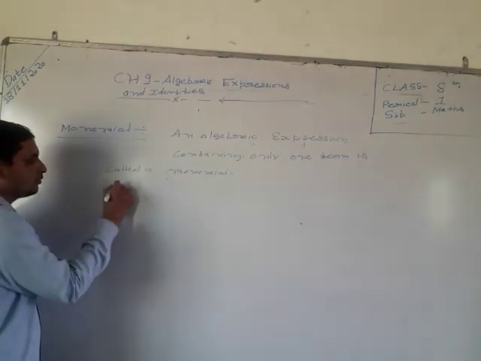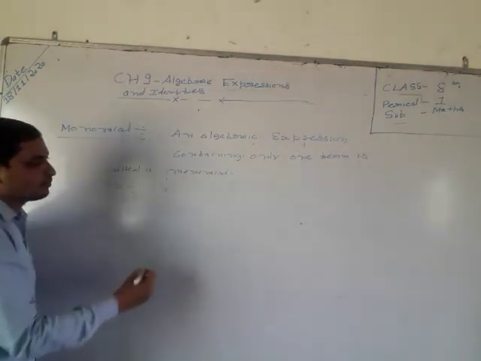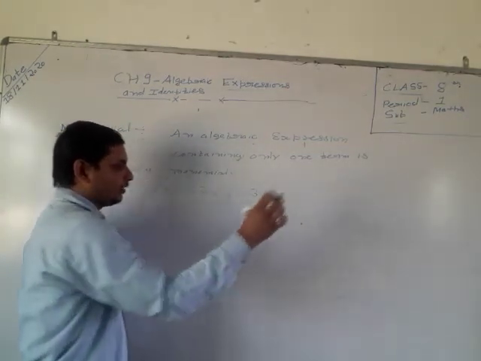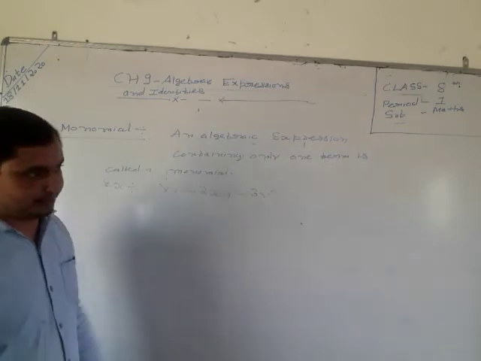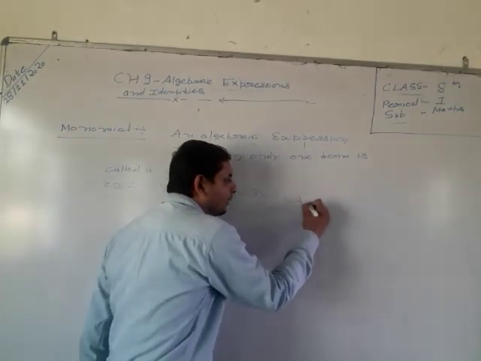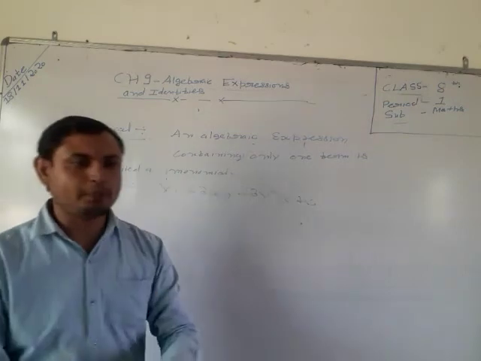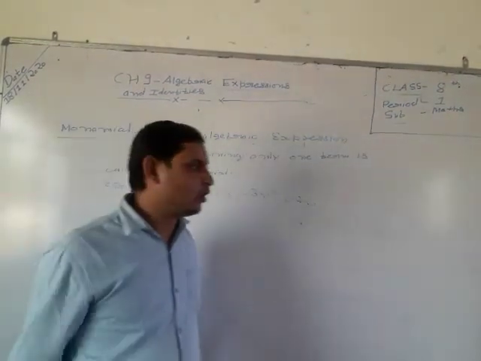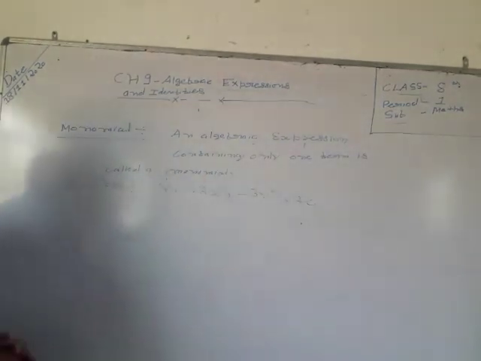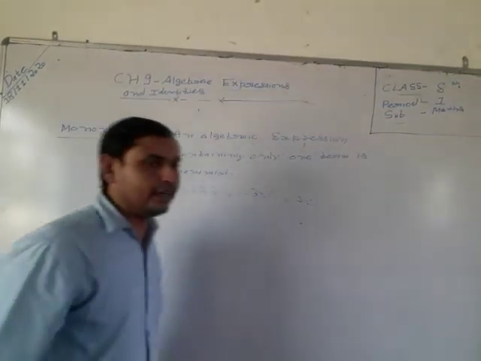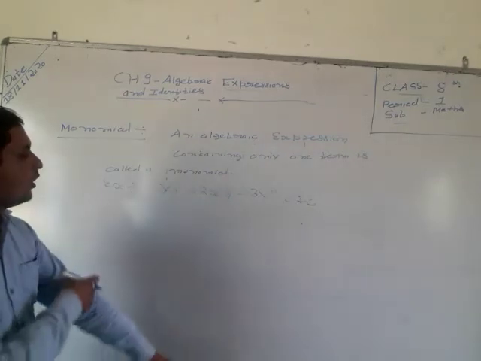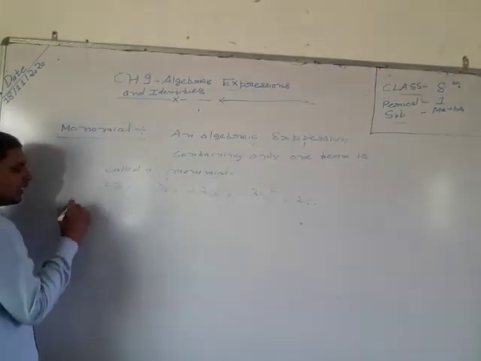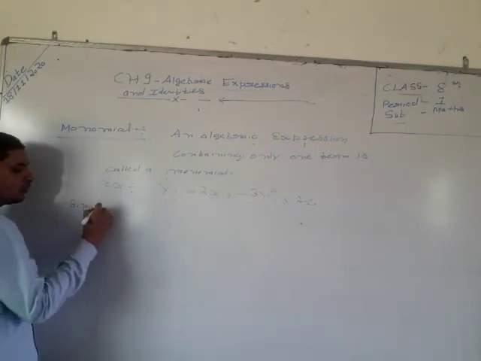So examples are y, minus 2x, minus 3y square, etc. These contain only a single term. Terms are separated by the sign of positive and negative only, not by the sign of multiplication and division. So here you can see there is only one term, so it is called a monomial.